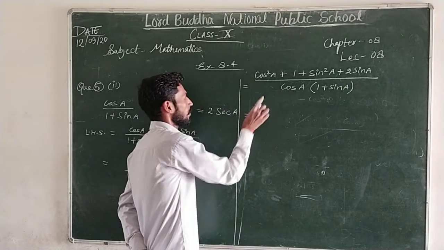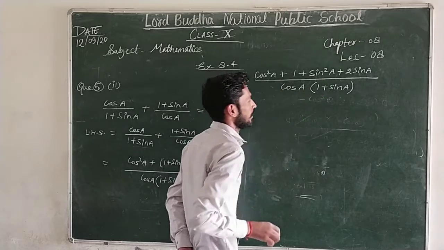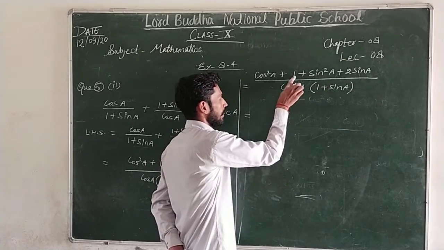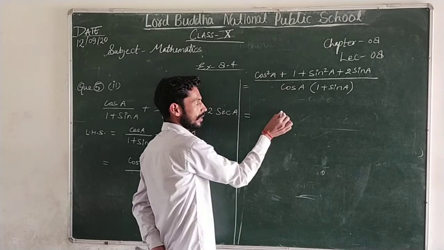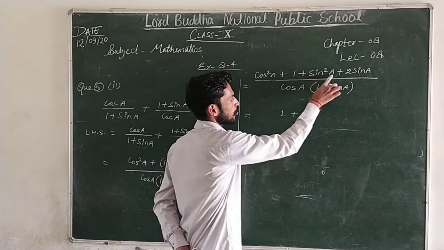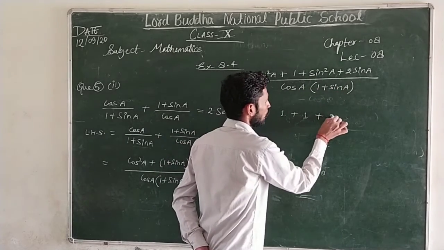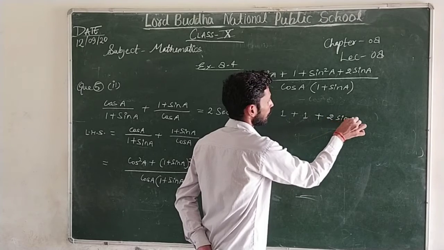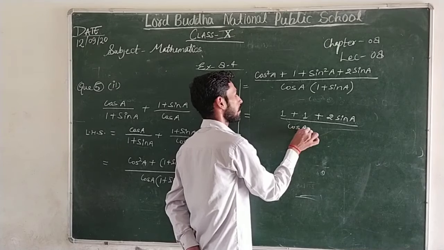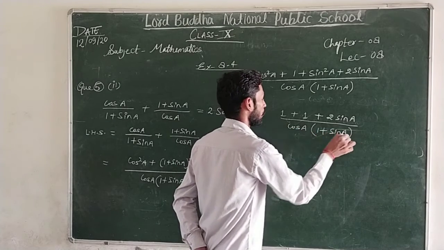Now here cos square A plus sin square A is equal to 1, so in place of this we can write 1 plus 1, since cos square A plus sin square A equals 1, and plus also here is 2 sin A, whole upon cos A in bracket (1 plus sin A).